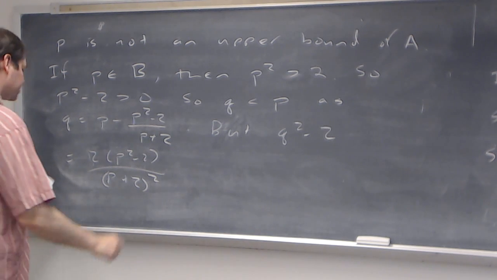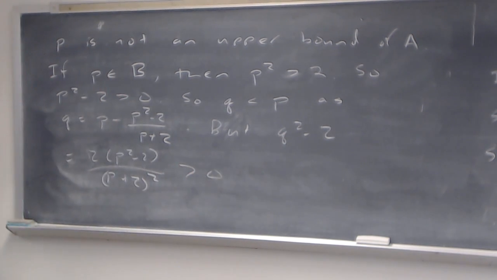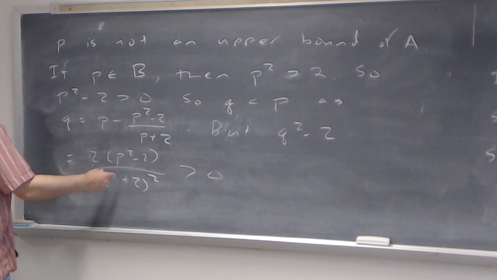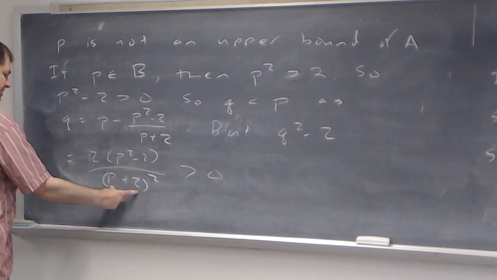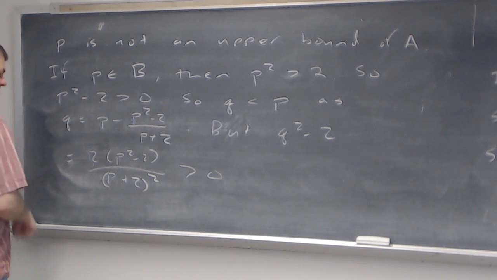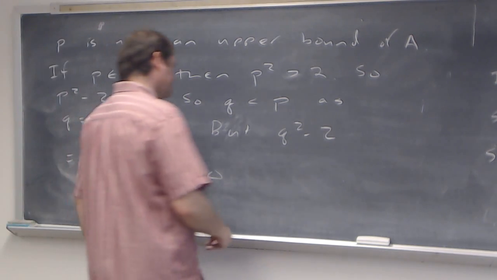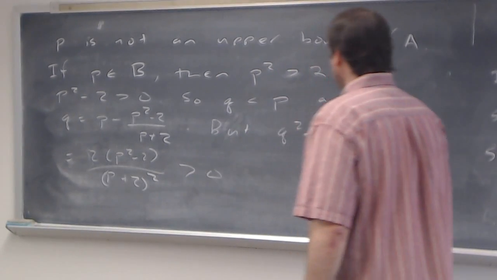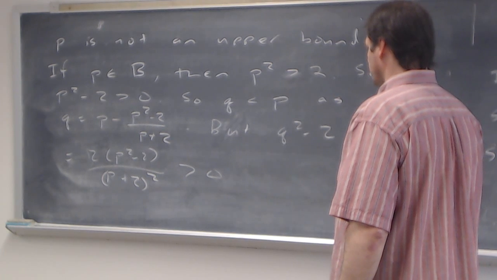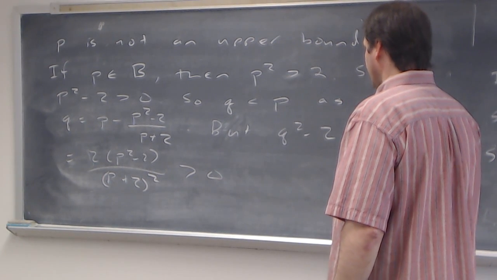That quantity is greater than 0, and the reason is again that this is positive, and the squared term is positive, times 2, so that's greater than 0.